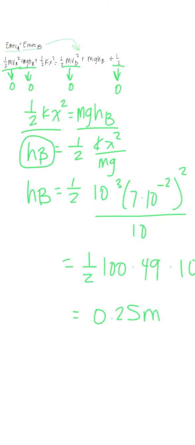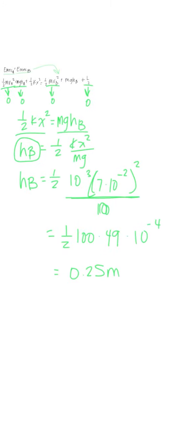Now we can just plug in the numbers from question 1 in conservation of energy. And the numbers are 10 cubed times 7 times 10 to the negative 2 squared, all divided by 10, which is m g.